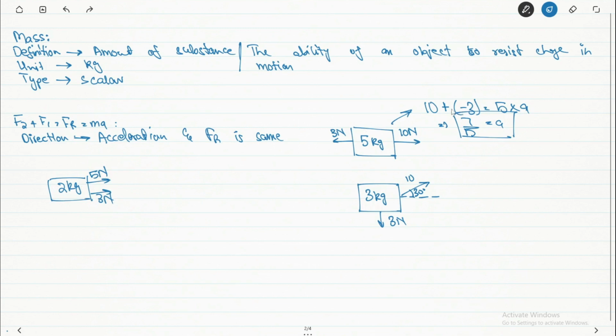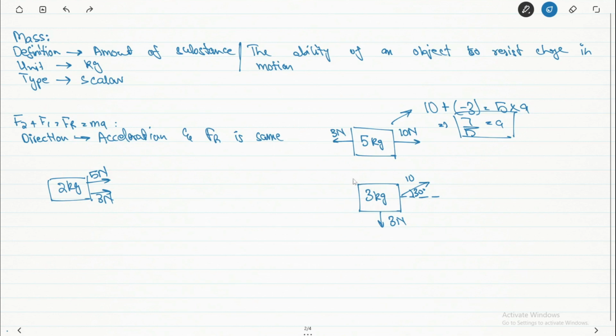You don't have to subtract anything. Understand the formula in this way, that you're adding all the forces. It just happens to be the case that this force was negative because it was in the negative direction as we took. In this case, both forces were in positive directions. So directions are very important when it comes to vectors.